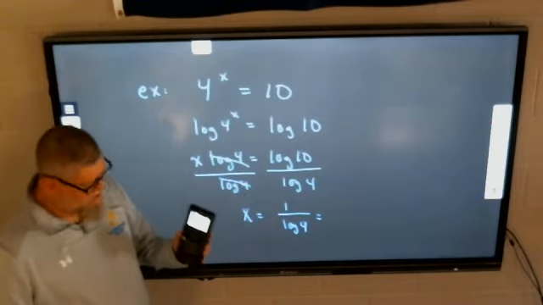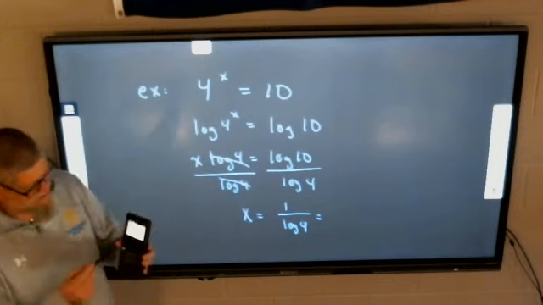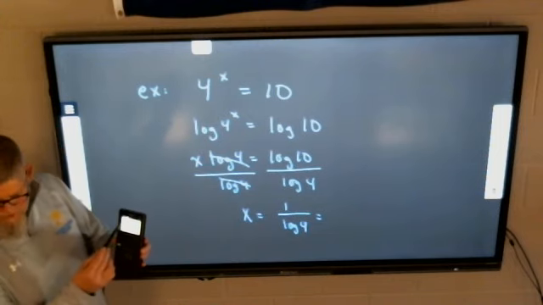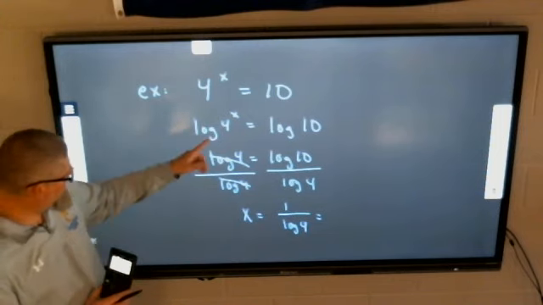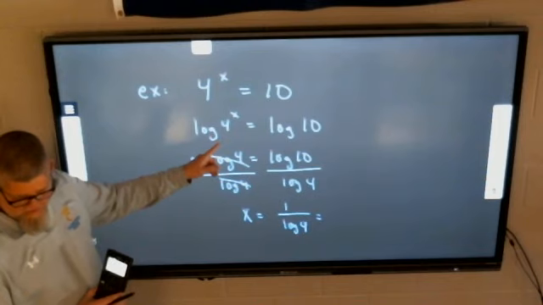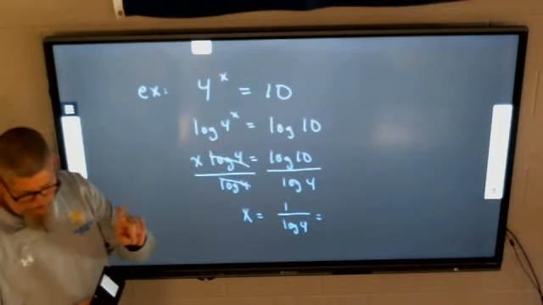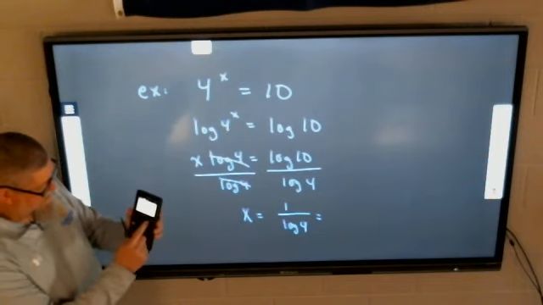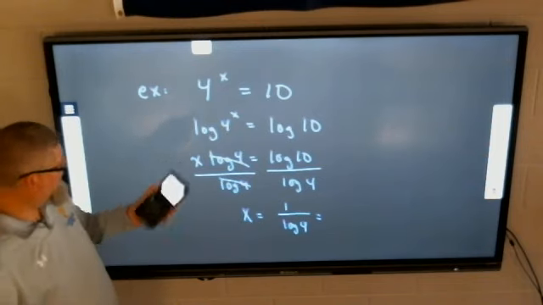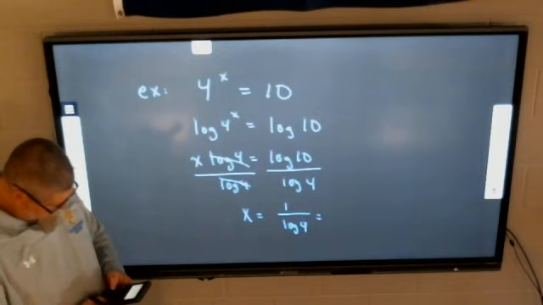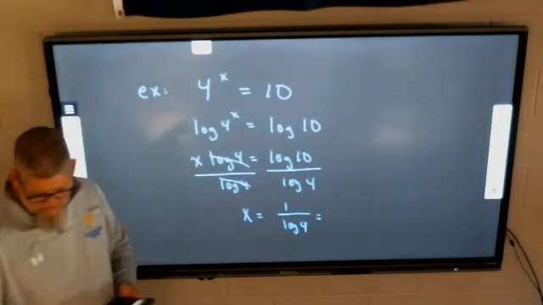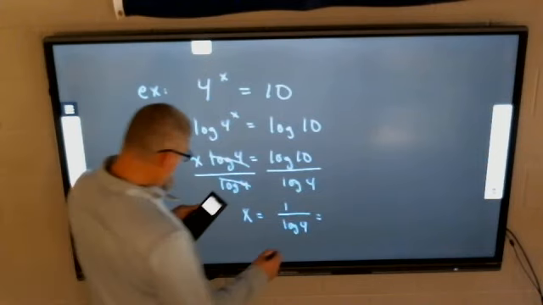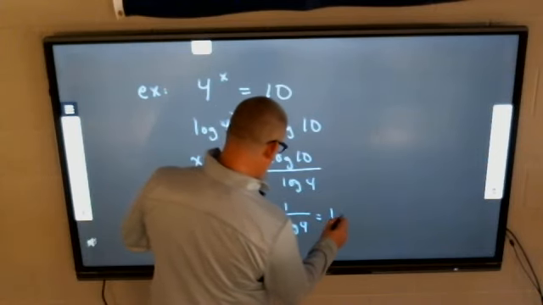Now, on yours, these are the nicer ones. That gives you the base. If there's nothing there, what's the base going to be? 10. Your calculator also knows that. So if you just hit your right arrow and then put in 4, it should give you an answer. And what did you get? 1.6609. There you go.